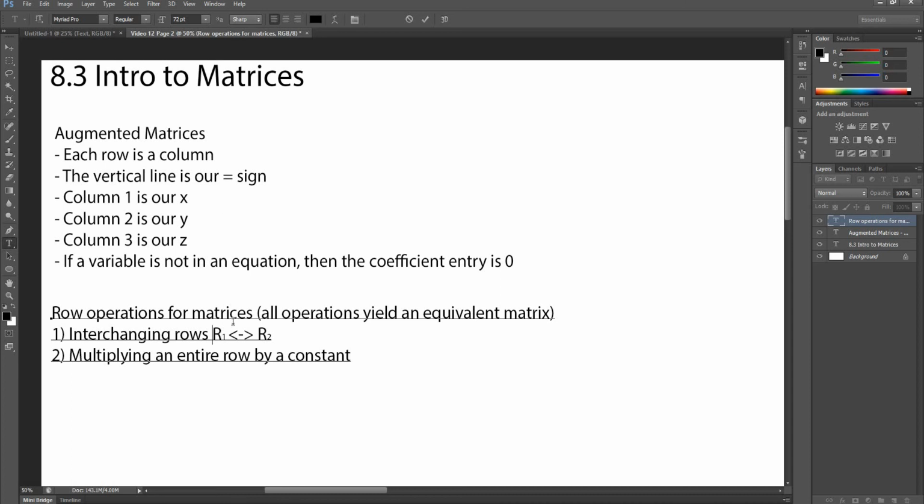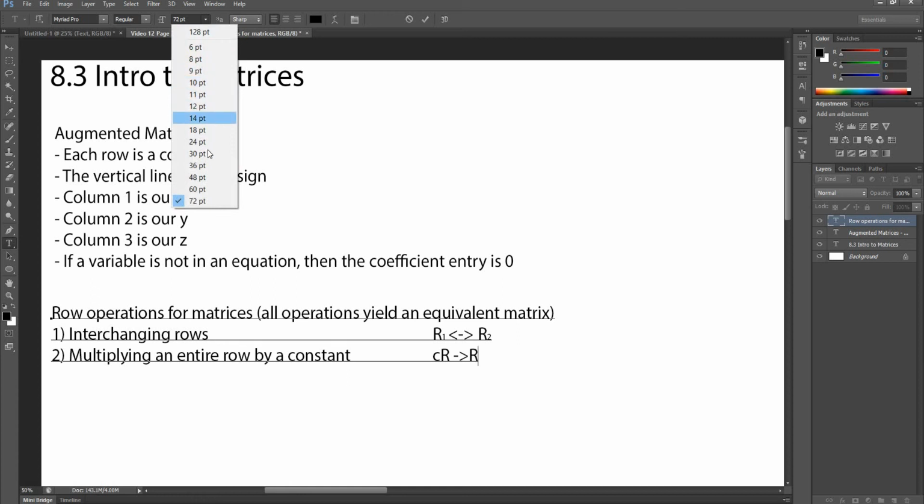So this would be represented by a constant c times row I goes to row I. I want this as a generic statement, not just rows 1 and 2.